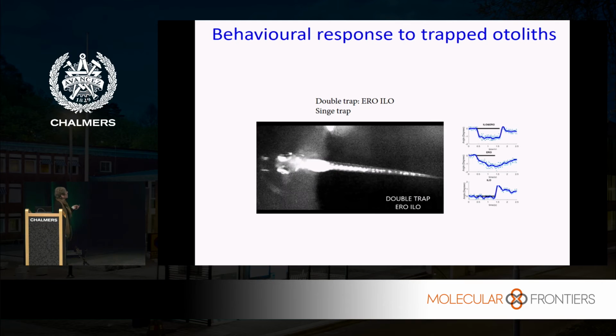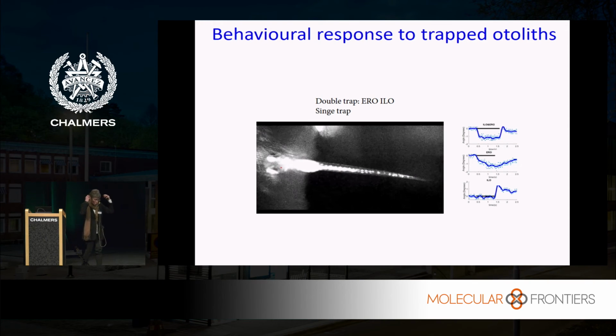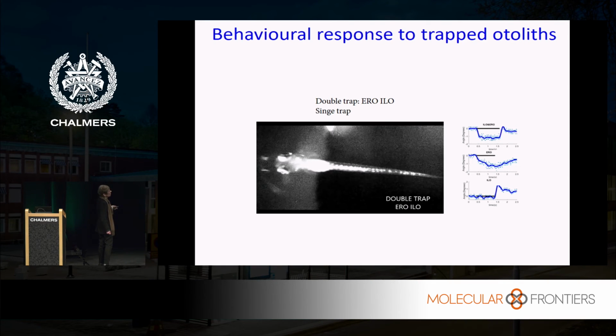Here is our poor zebrafish. It has a free tail here, and I'm either putting 2 optical tweezers onto the stones on the 2 ears of the zebrafish, or 1 at a time, and we can see that the behavior which we map in time, as far as the reaction of the zebrafish is concerned, is very different if I am interrogating 1 stone, 2 stones, or the other stone on the other side.